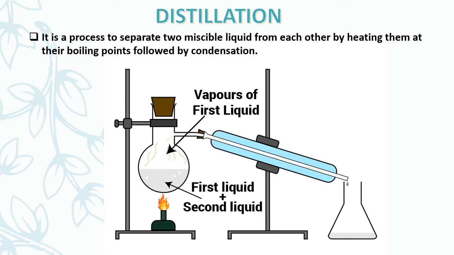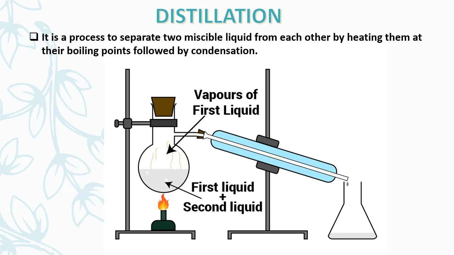Now, in this process, we are going to take a mixture of liquids, labeled here as first liquid plus second liquid. The liquid that vaporizes first will have a lower boiling point than the second liquid. Then as it rises up, the vapors will pass through the condenser.